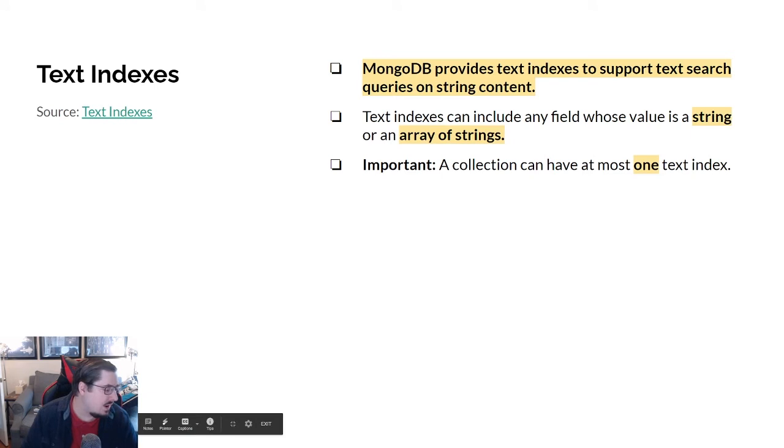Your collection cannot have two text indexes. Whereas with all the other kinds of indexes you can create as many as you want, with text indexes it's one for one. Your collection either has a text index or it doesn't.